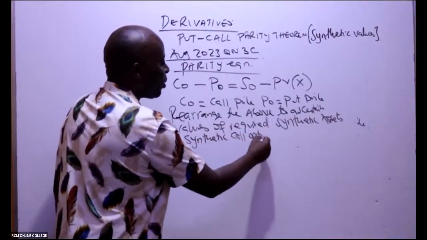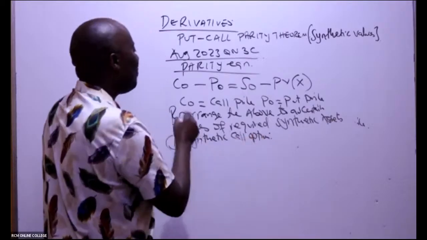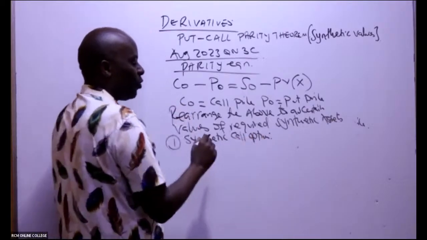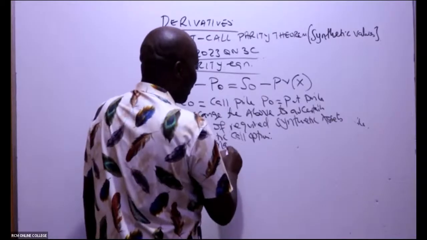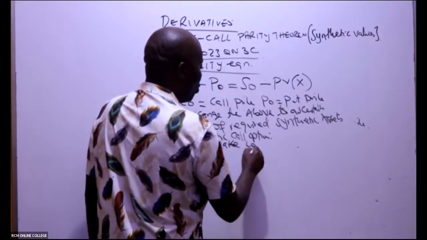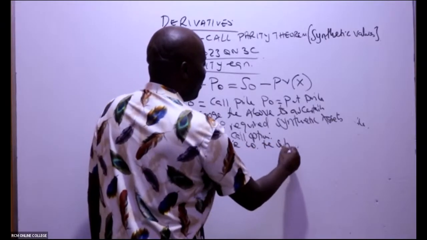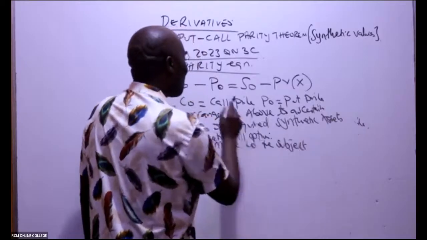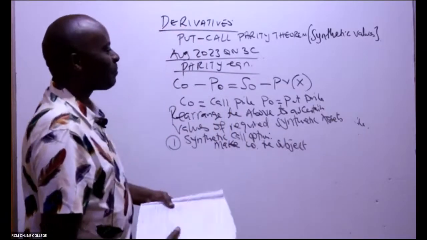The synthetic call option basically makes CO the subject of the formula. Could you kindly do that for me?